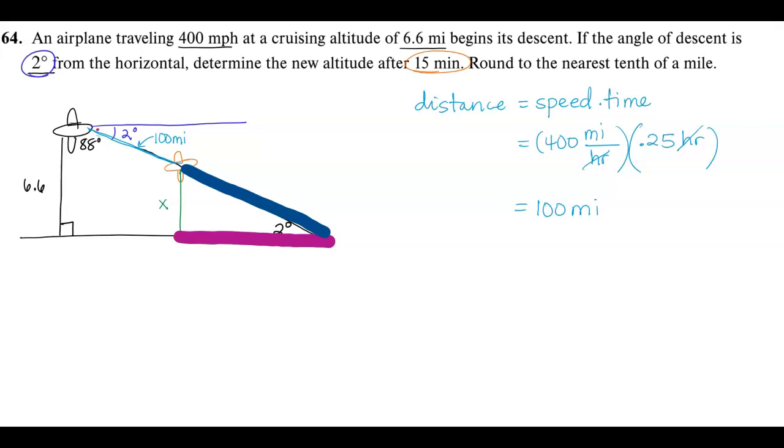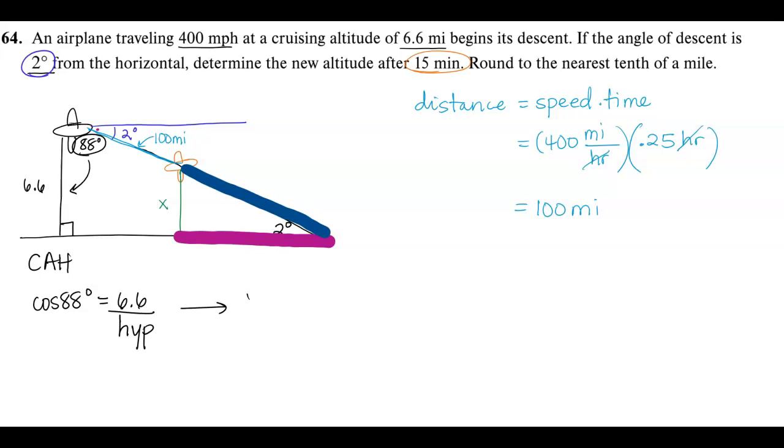So what I want to know is what is the entire hypotenuse for the big triangle? Well, in the big triangle, 88 degrees is right there. 6.6 is adjacent to it. Using CAH, I know that cosine of 88 degrees is equal to adjacent, which is 6.6, over hypotenuse. We'll just call the hypotenuse HYP for now.